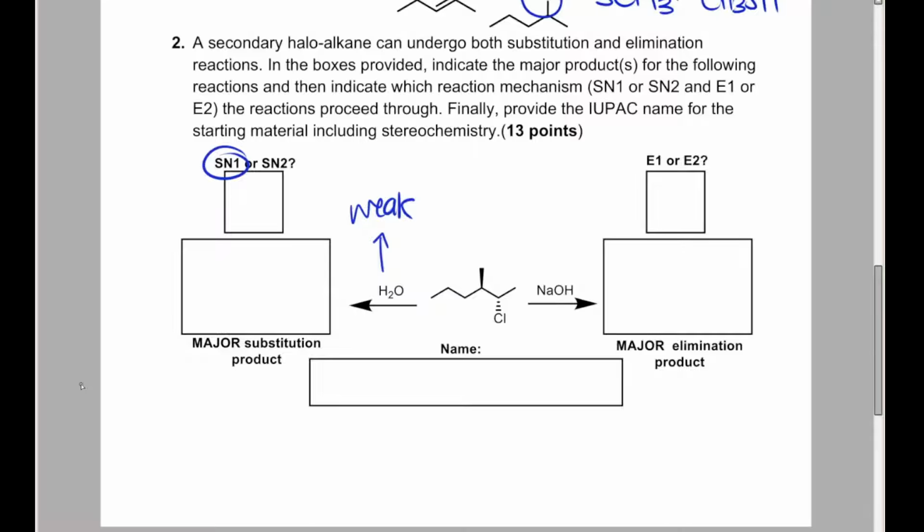This is because SN1 reactions take multiple steps, whereas SN2 reactions take one step, because the strong nucleophile in an SN2 reaction is strong enough to push the leaving group out on its own. So it doesn't require the leaving group to leave beforehand, before it attacks the carbon atom. So it's going to be an SN1 reaction. And I'm going to show you the mechanism, and we can figure out the product from there.